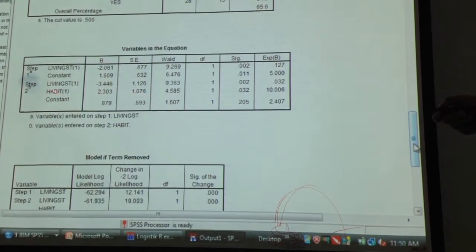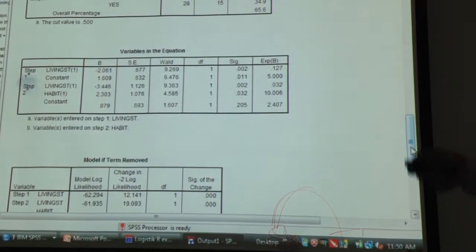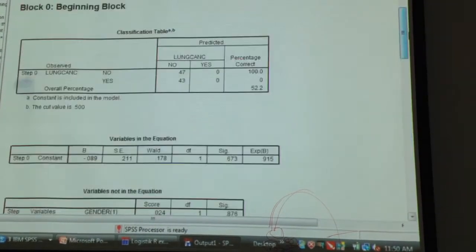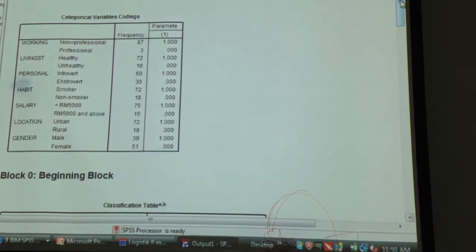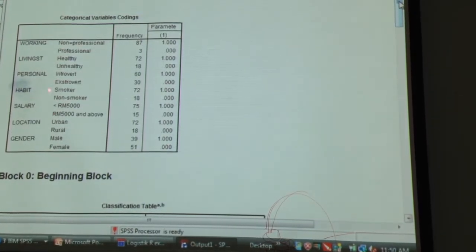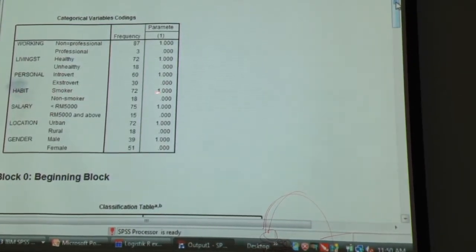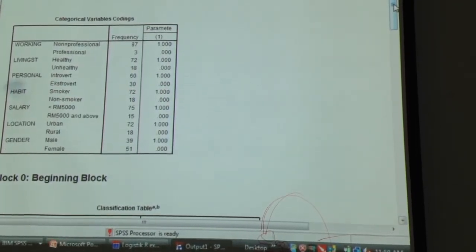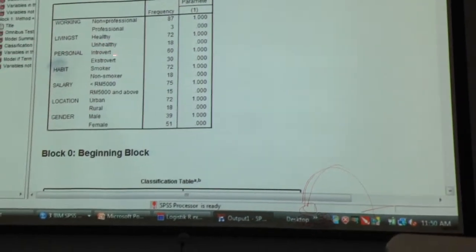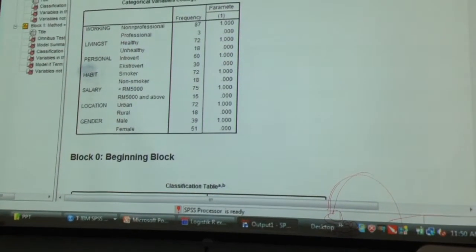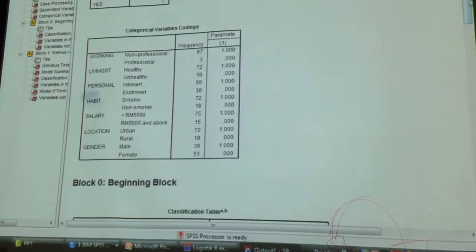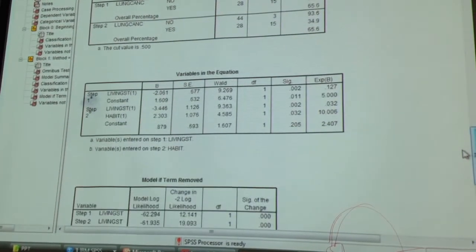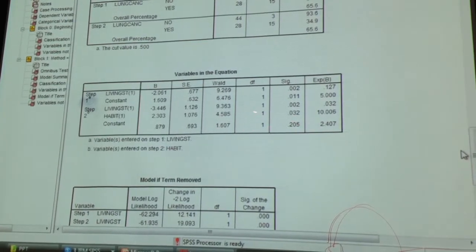And habit. For the second step, the habit enters and works together. So habit, that means smoking. 1 is smoker, the person is smoking. For living style, 1 is healthy. That means we refer to the 1. We go back again. It is significant, isn't it?